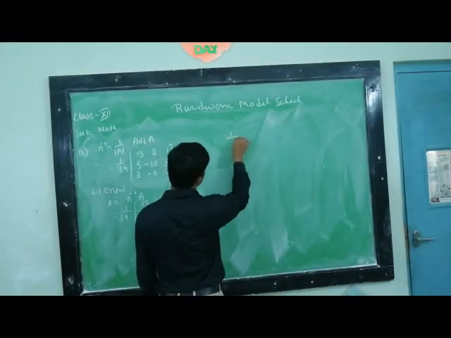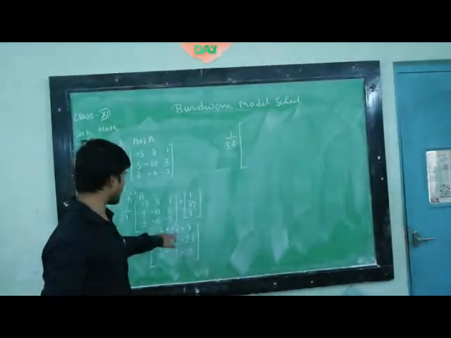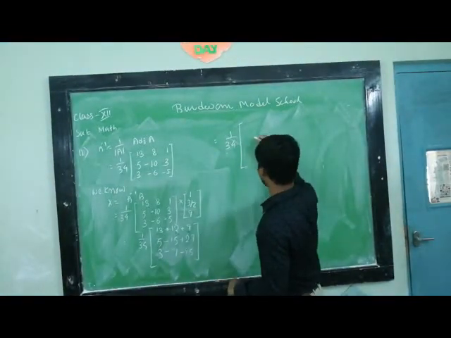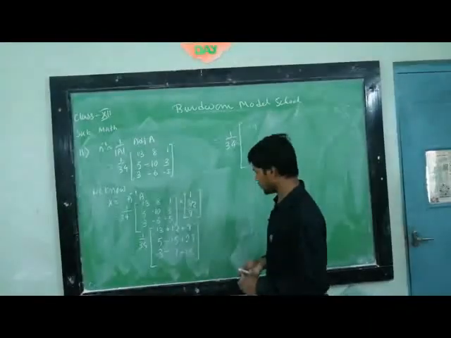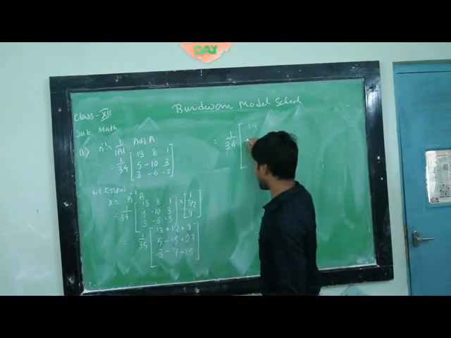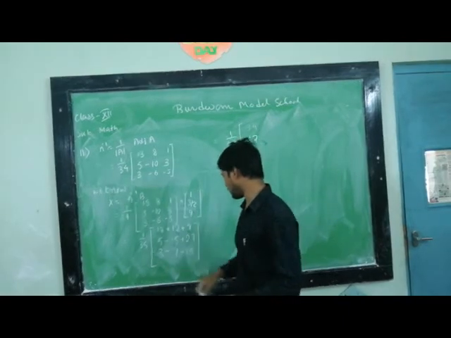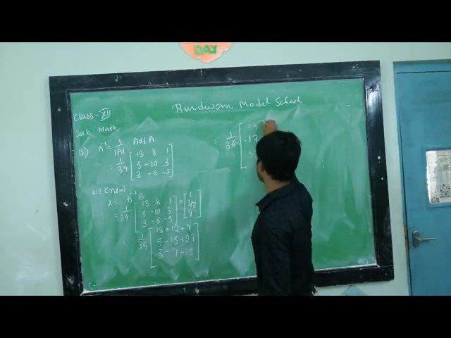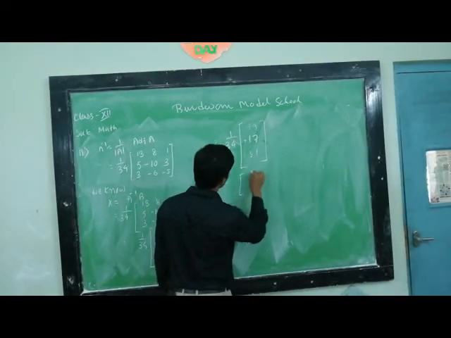Okay, so add them. This is 13 plus 12, that is 25, plus 9, 34. This is 10 minus 10 plus 27, that is equal to 17, and 3 minus 54 means minus 51. This is plus 17.